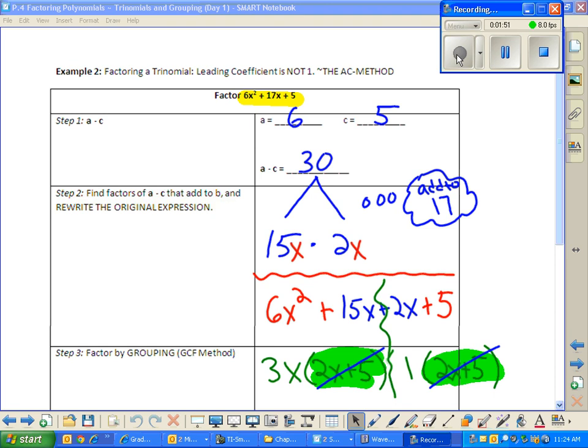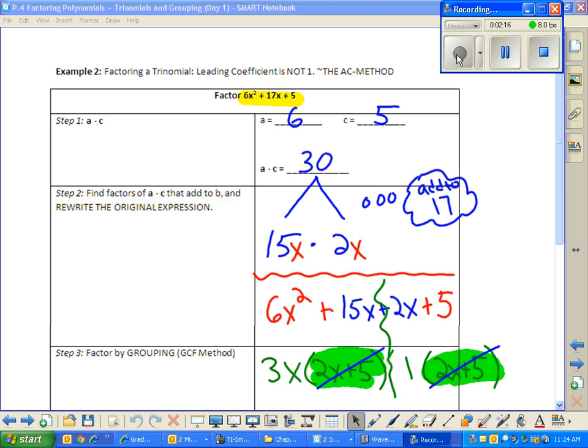Since none of the other methods work, this is my visual cue to use AC grouping. It is like your last resort. You want to avoid it because it is the longest method we have for factoring. I'm trying to teach you to be efficient, so you want to avoid the longest method possible at all costs.